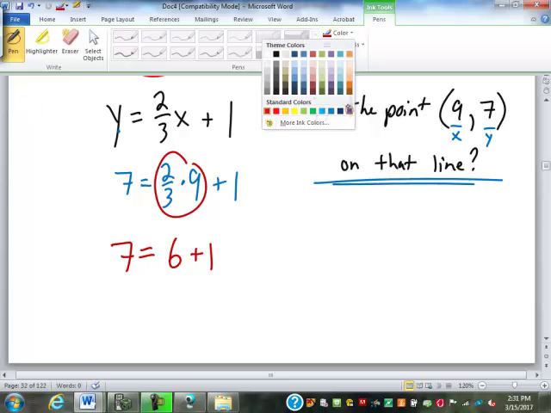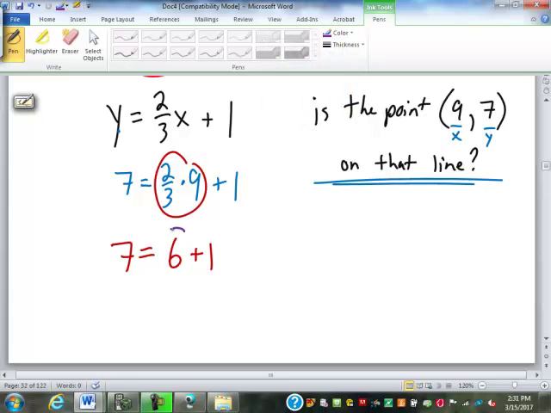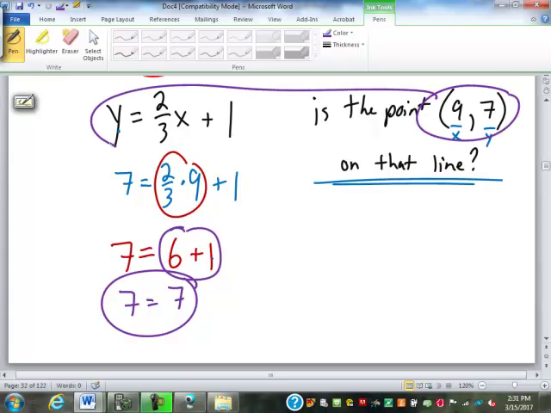You don't have to subtract anything here because this is a number; we just combine 6 and 1 makes 7. So 7 equals 7. Since that's true, this point is on that line. So yes, the point 9, 7 is on the line y equals 2/3 x plus 1.